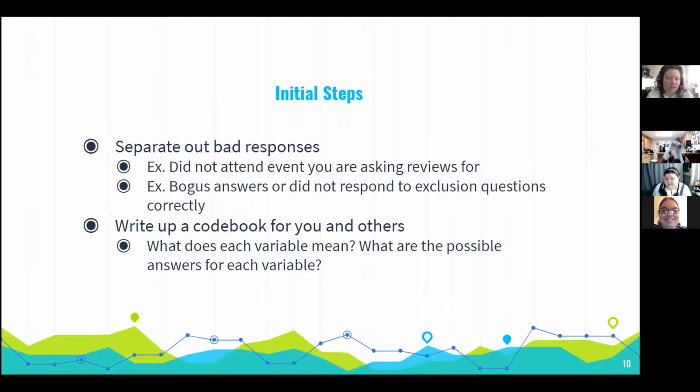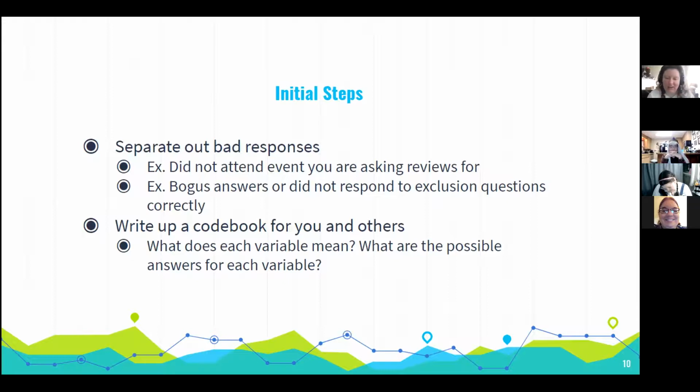Another reason to separate out bad responses is bogus answers or didn't respond to the exclusion questions correctly. For example, to the what is the SCA, maybe they put in Society for Coral Activists or something like that.